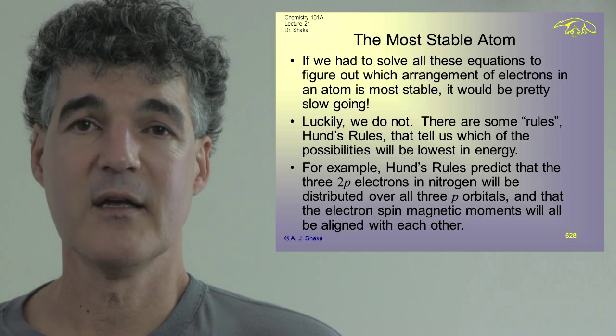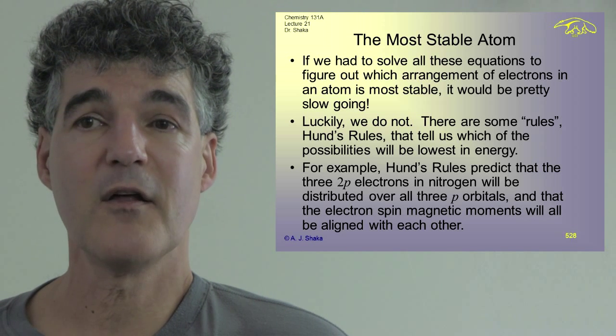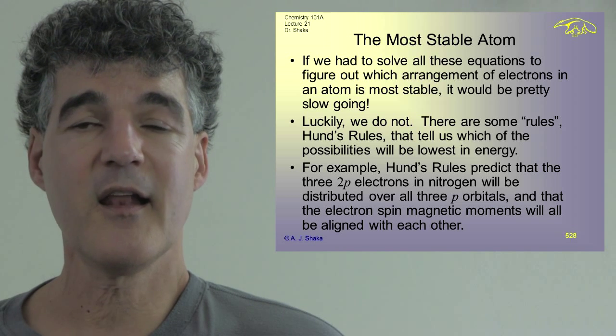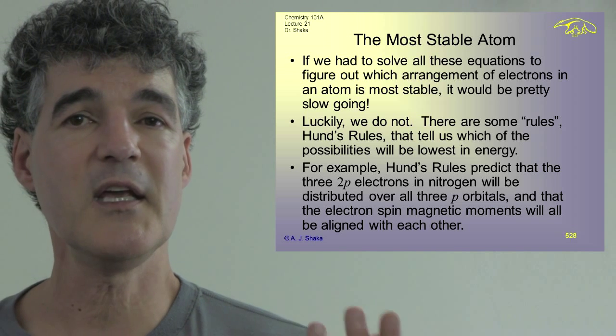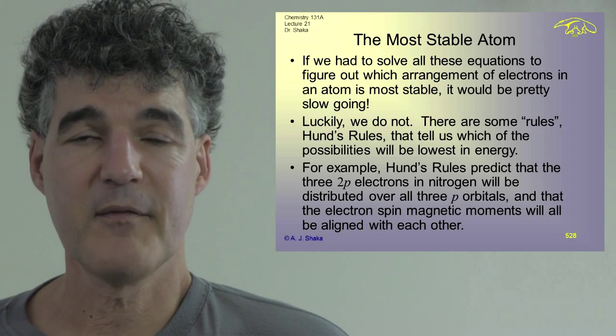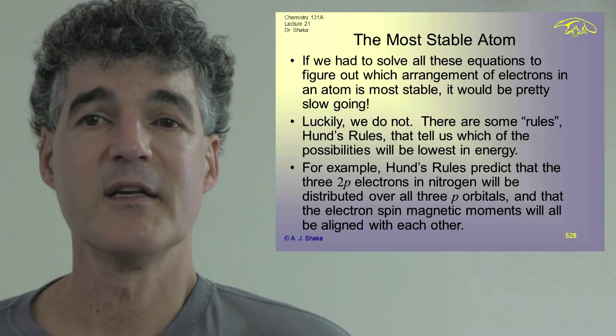I don't even know of any ground state atom that doesn't follow these rules, which are called Hund's rules, and they tell us, of the possibilities where the electrons could be in which orbitals, which one's the lowest energy. That's very important to know what the ground state of the atom is going to be.